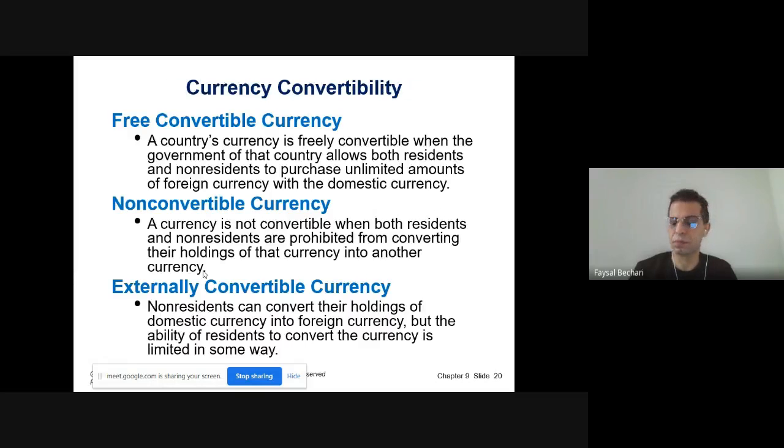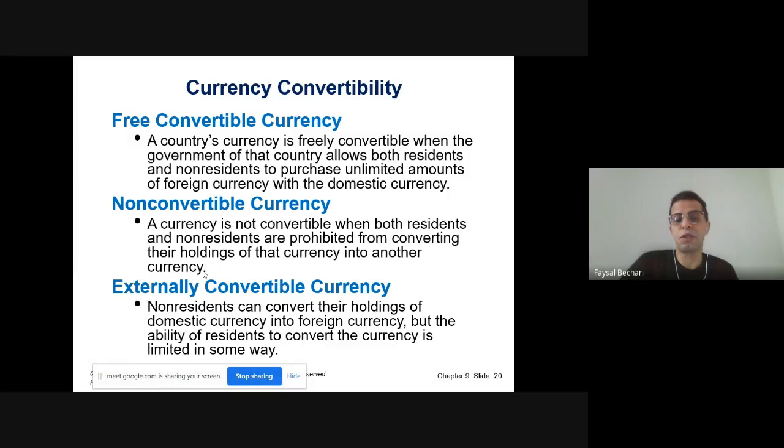Now, we have different policies affecting the exchange rate in each country. Currency convertibility: there are freely convertible currencies. You can see them in many countries, for example, if you go to UAE.